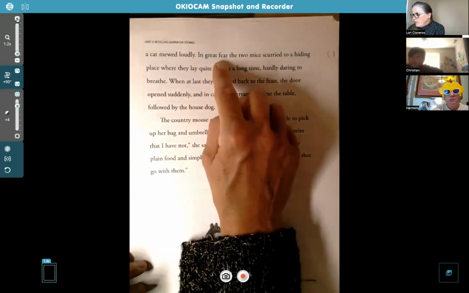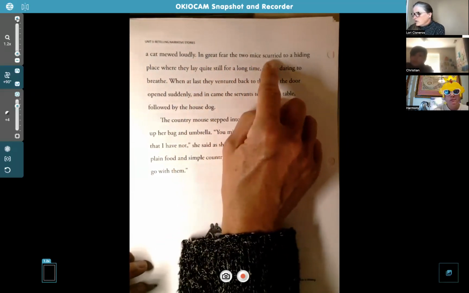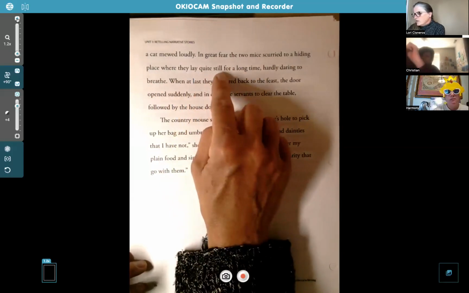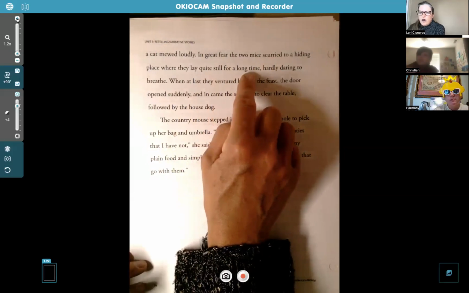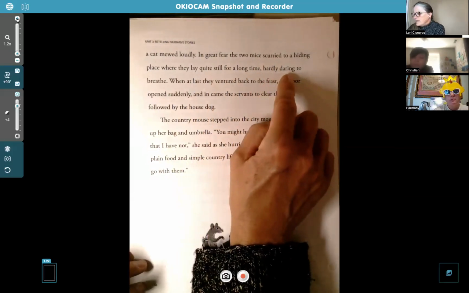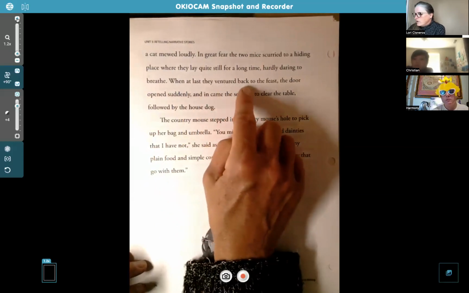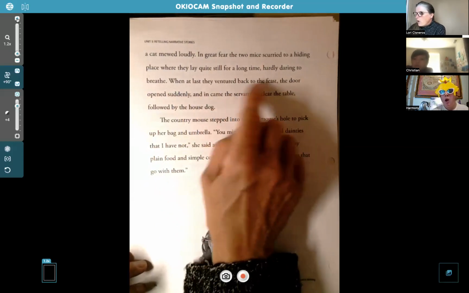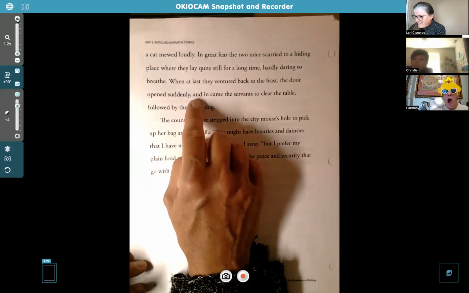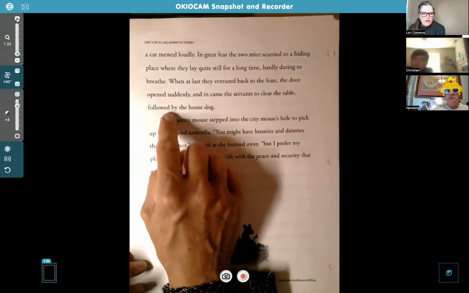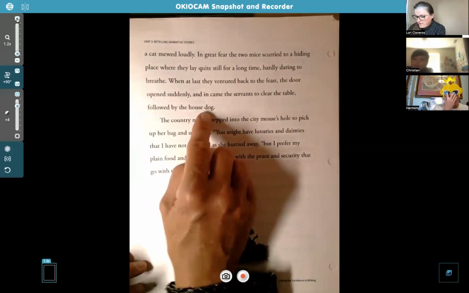In great fear, the two mice scurried to a hiding place where they lay quite still for a long time, hardly daring to breathe. When at last they ventured back to the feast, the door opened suddenly, and in came the servants to clear the table, followed by the house dog.